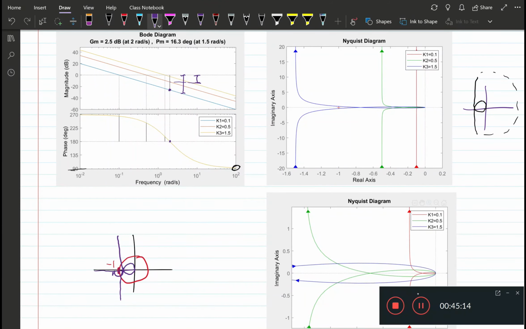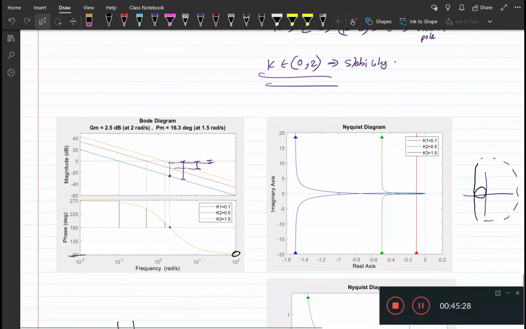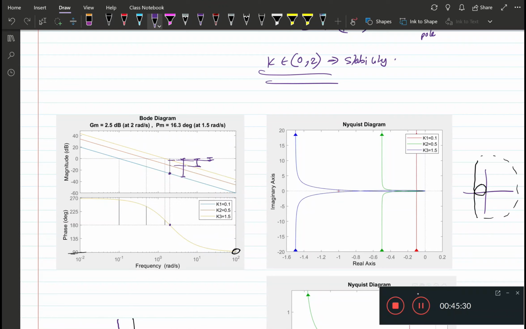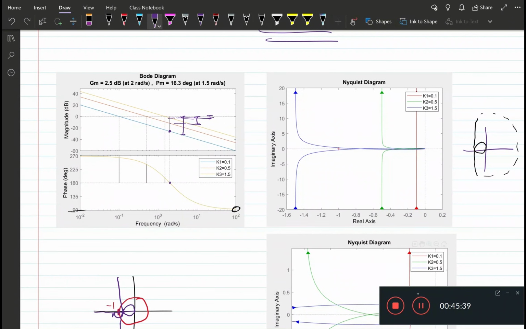For k equal to 1.5, we have an even lower gain margin. And that's clearly because we know from the previous analysis that if k is greater than 2, we will encircle the point -1 and we will lose stability, and that's exactly captured in the gain margin here. The phase margin is as before.